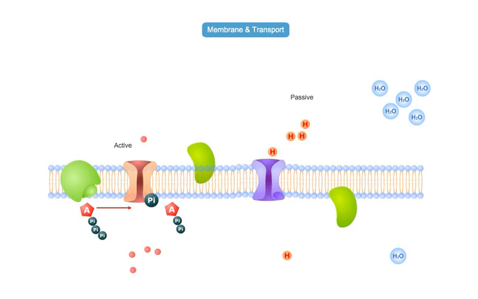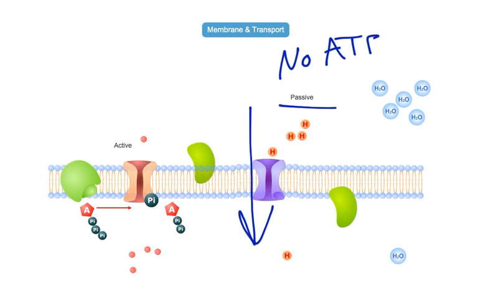Now let's look at the transport mechanisms of the membrane. We're not going to see all of them right here, but we'll show a few of them. First we'll talk about active and passive. Remember, passive is no ATP. It doesn't require energy, and it's down a concentration gradient.